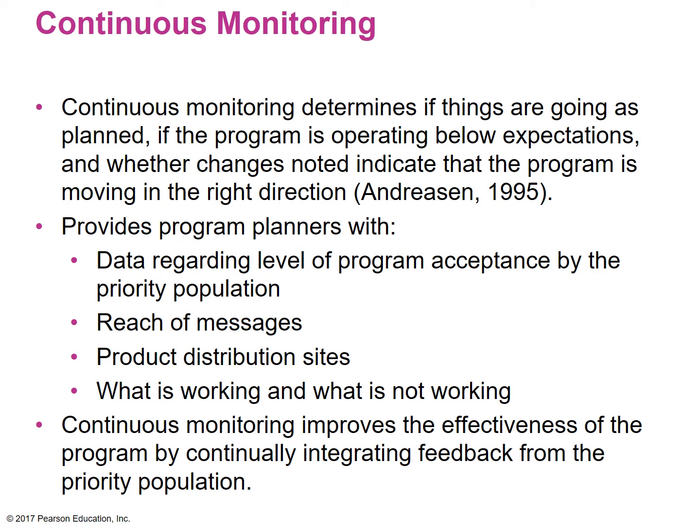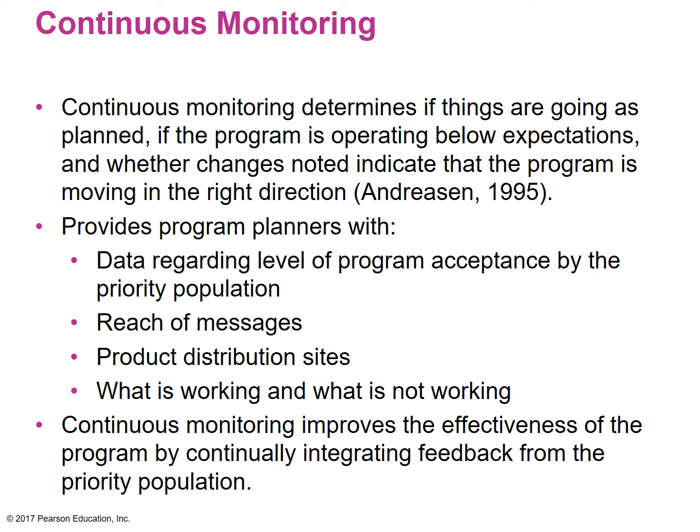Some of the things you may want to consider: acceptability. Are the messages getting out there, and are they being received in a positive light? The communication channels I'm using, whether it's digital marketing, word of mouth, face to face, whatever, am I reaching the members of the target population, and to what extent?